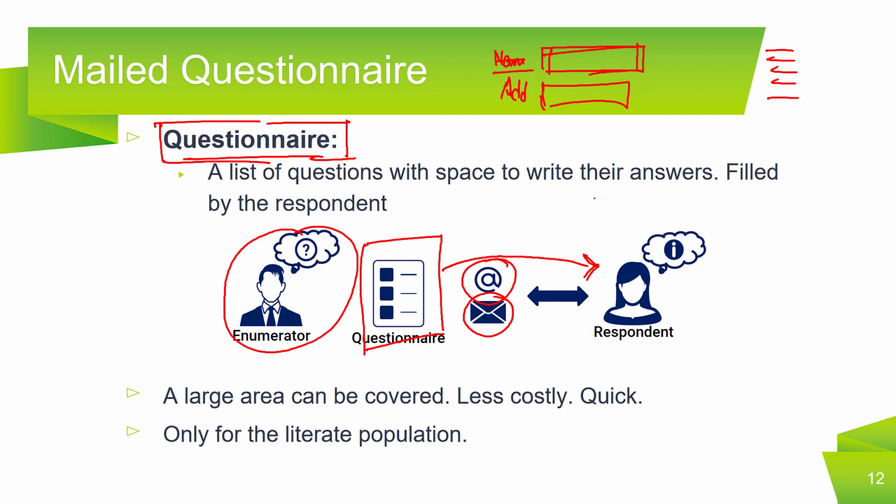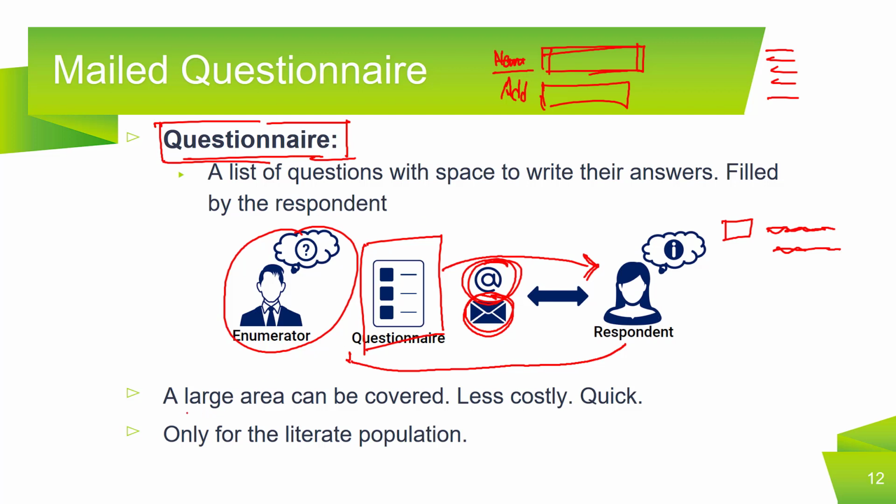The respondent will read the list of questions and write down the answer, then mail that answer sheet back to the enumerator, either electronically via email or by conventional postal method. So this is called a mail questionnaire.